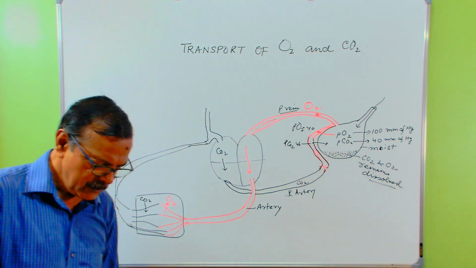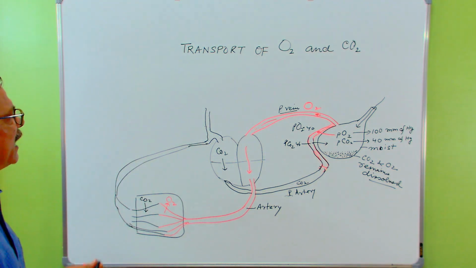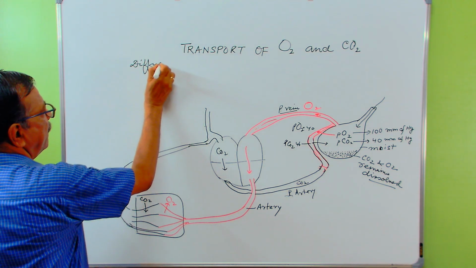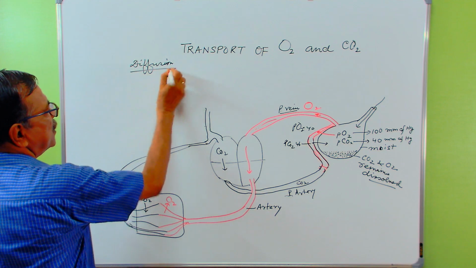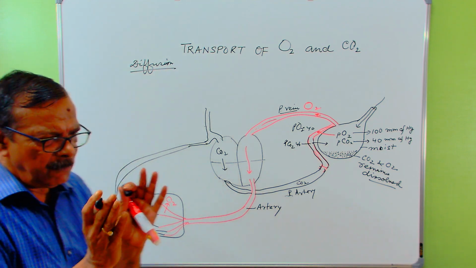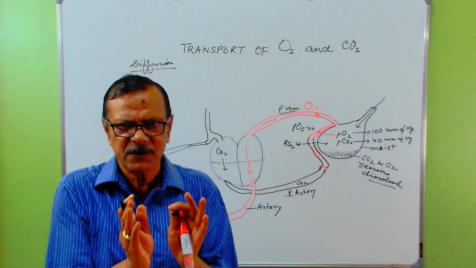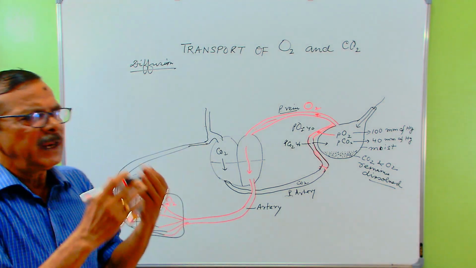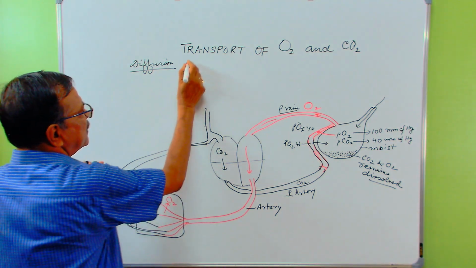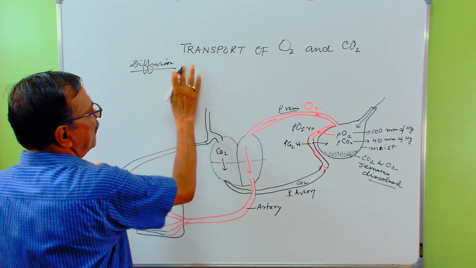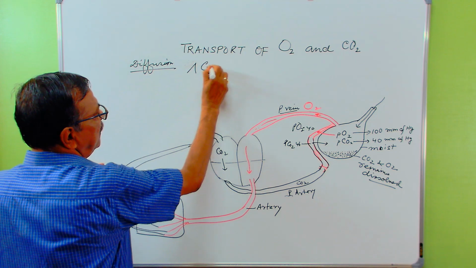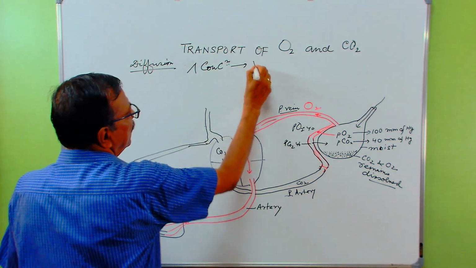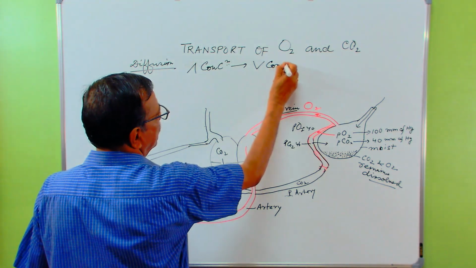Number one point: we write diffusion. Diffusion, we know, is the movement of any substance from an area of higher concentration to an area of lower concentration.